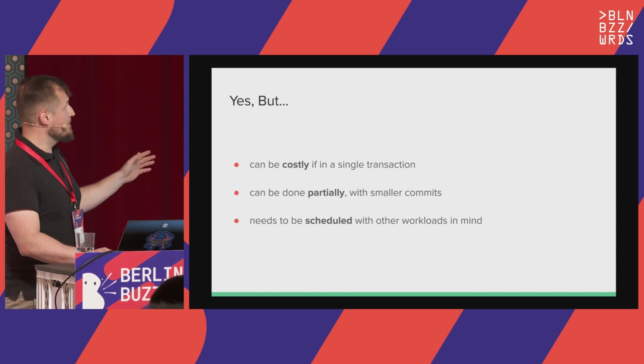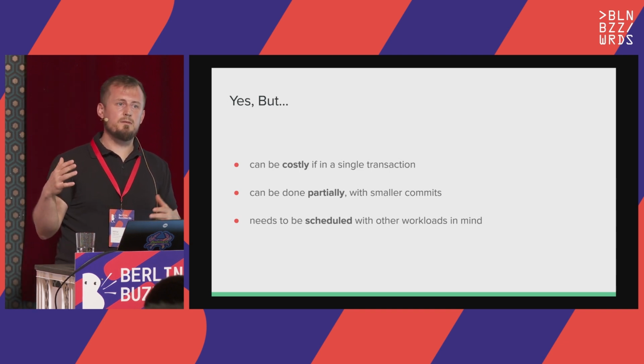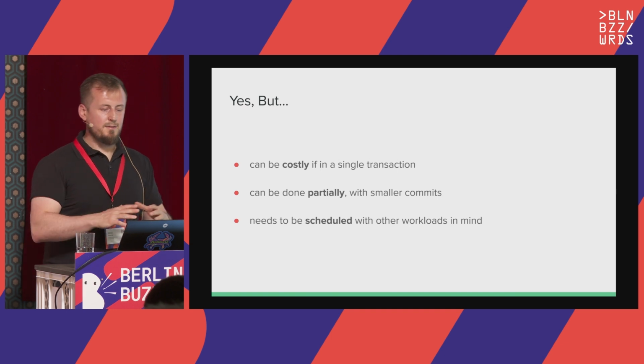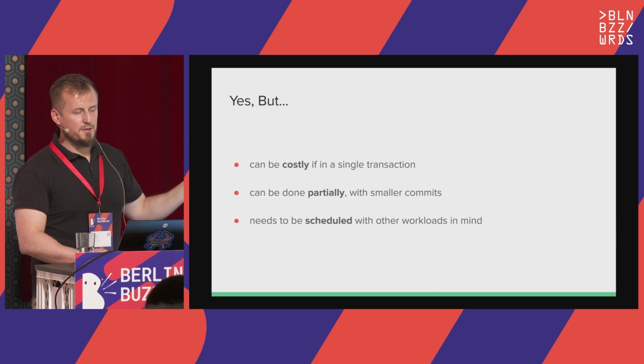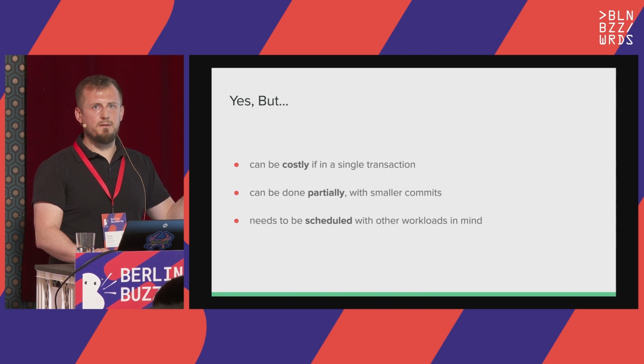Now, compaction can be costly because if it is done in a single transaction, the compaction job can take hours or days if the table is large. However, compaction can also be done selectively. It's possible to just provide a parameter in which only files are going to be compacted if they contain data according to a particular predicate.